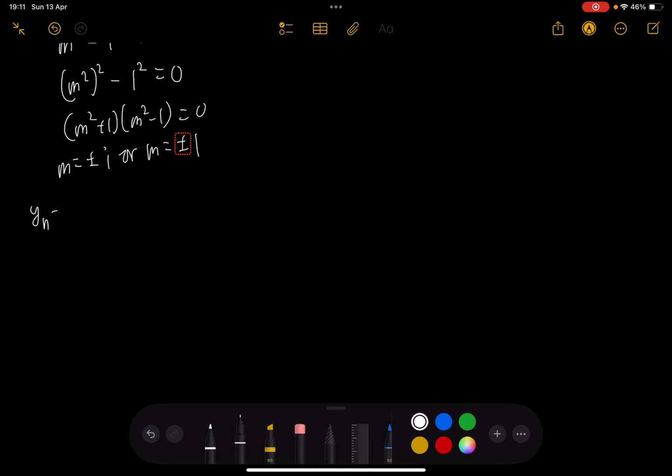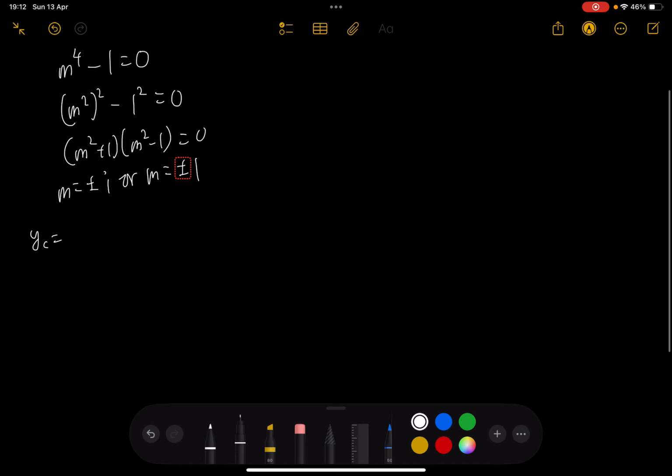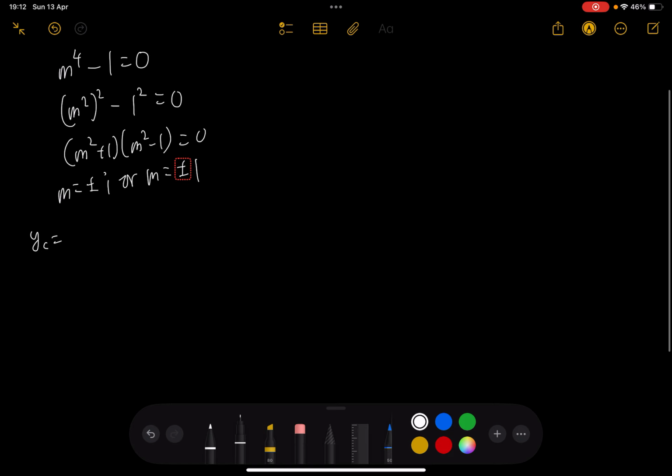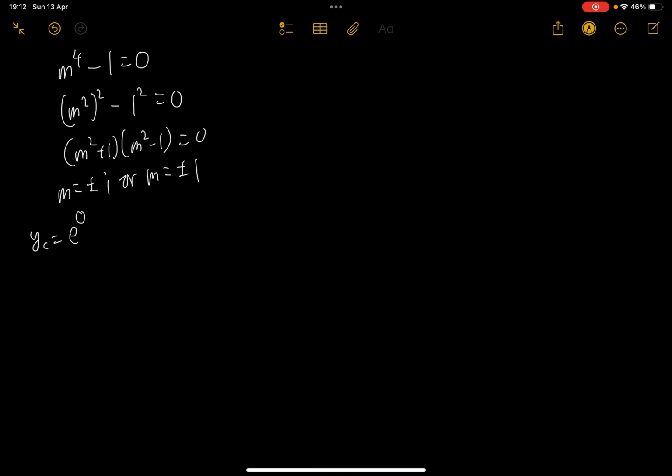Therefore, our homogeneous solutions to these equations, or you can use the term complementary functions, which is the same as homogeneous functions. The meaning is really similar. First, you're going to get 0 plus or minus i, so you can get e to the power of 0, just 1, times c1, right?